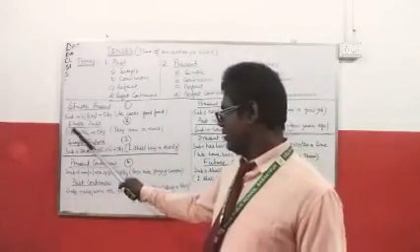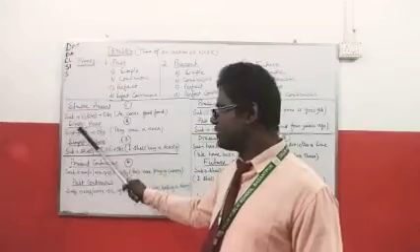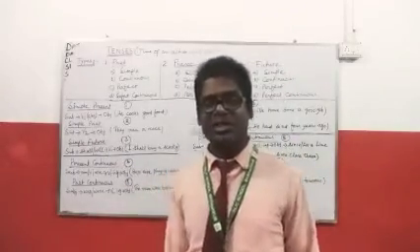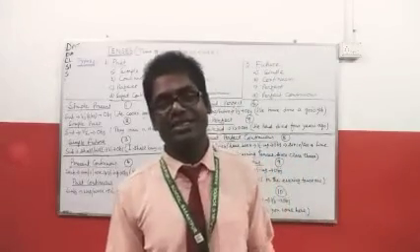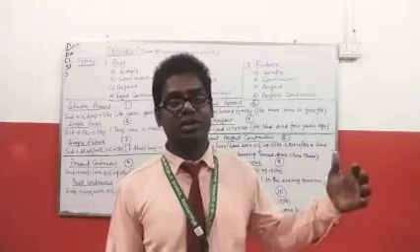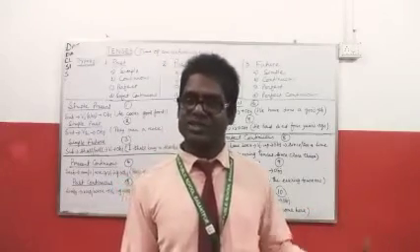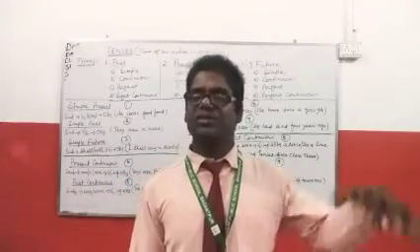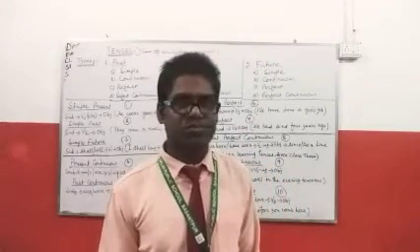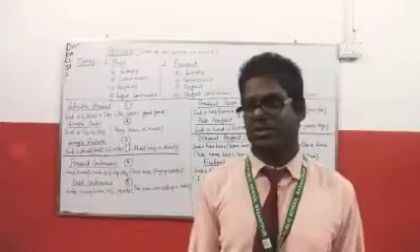Now, what is the difference between simple present and simple past? Simple past means the action which already happened in the past. Okay, at a point in the past, the action happened, so that will be in simple past.